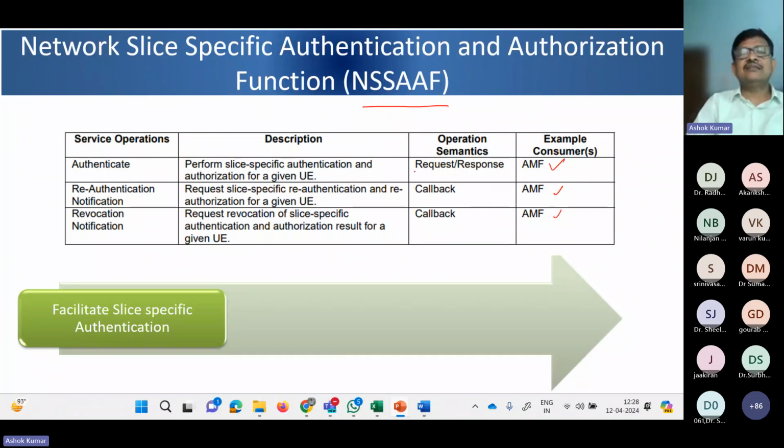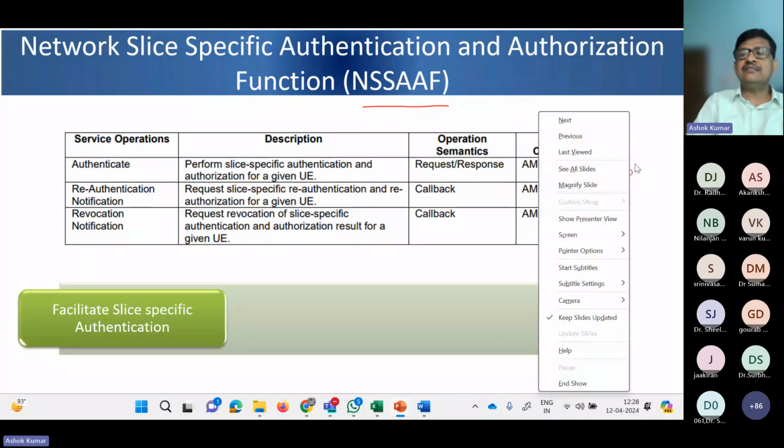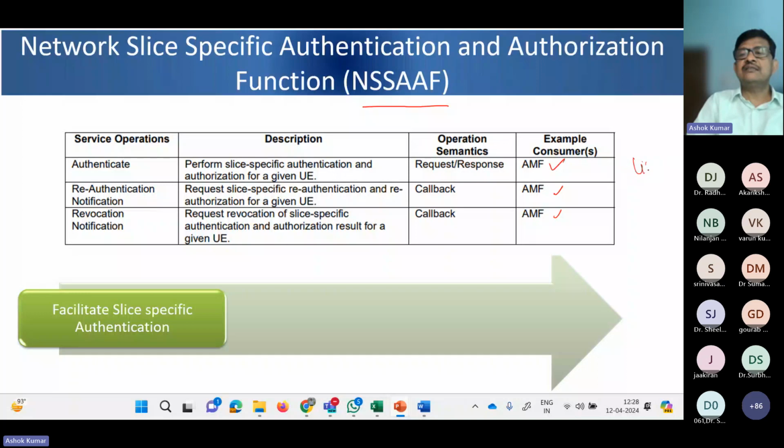First, when a UE is trying to access a particular slice, the AMF would connect to the NSSAAF and request slice specific authentication. It's a request and response: the AMF makes an API call to this network function to authenticate the user on a slice level.